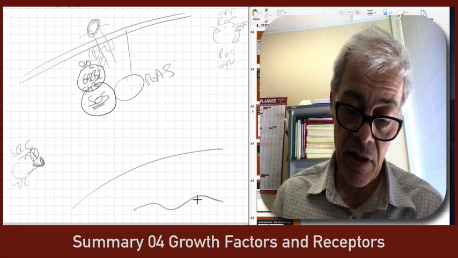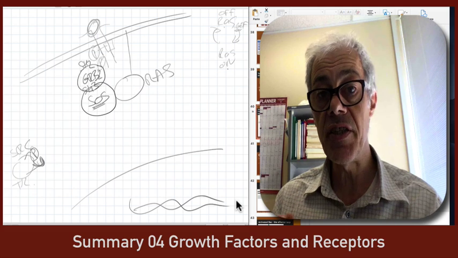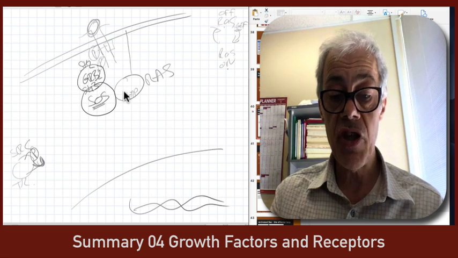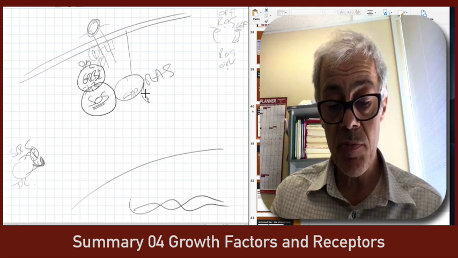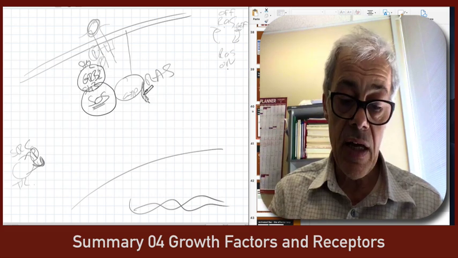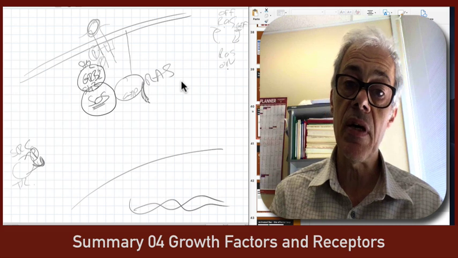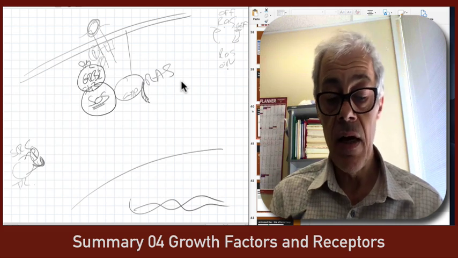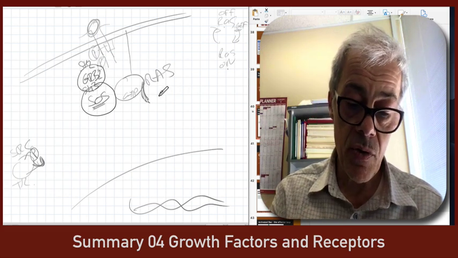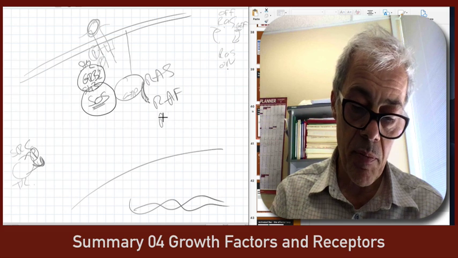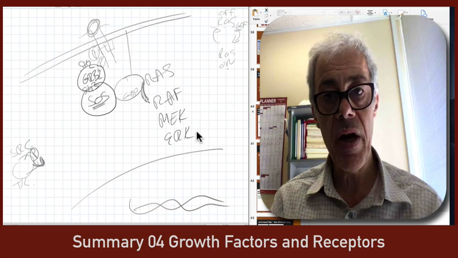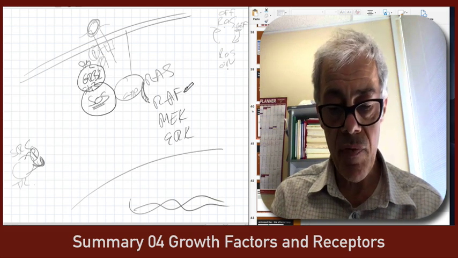But we want to get the action down to the nucleus, which is where gene expression happens. So we get the GTP being exchanged and the activation of RAS exposing its loop, changing conformation. This is then recognized by downstream effector molecules, such as a protein involved in the MAP kinase pathway. So you get your typical RAF, then MEK, and then ERK, a series of kinases.